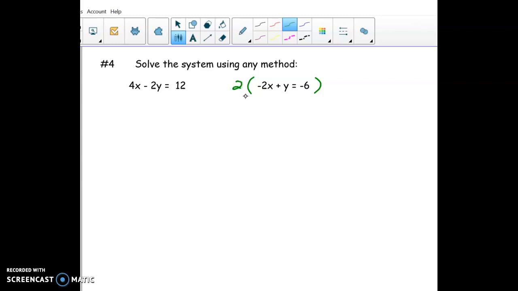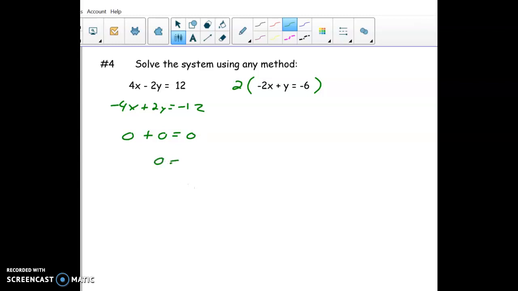And so I'm going to do 2, and that will work perfect because we'll have negative 2y and positive 2y. I'm going to rewrite it underneath, multiply all of it by 2. Okay, and then we add them together, and so we get 0 plus 0 equals 0.